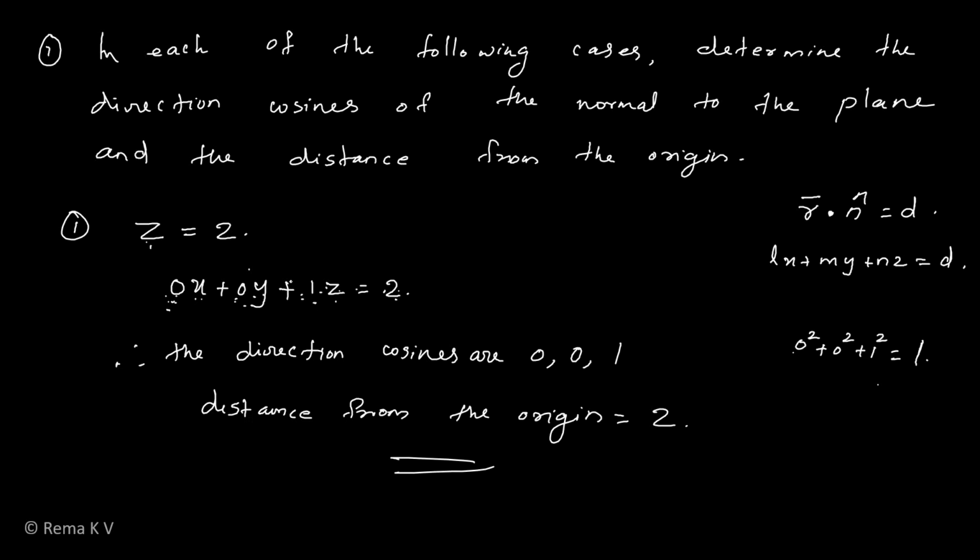You can check the sum of squares of the coefficients of x, y and z. If it is equal to 1, we can say that they are the direction cosines. If they are the direction cosines, this gives n cap, and the right side is the distance from the origin. Is it clear?